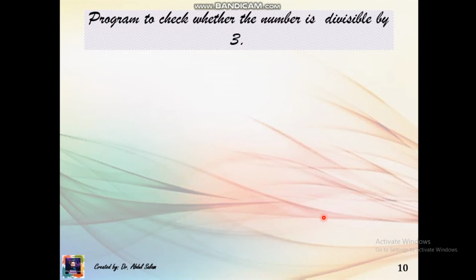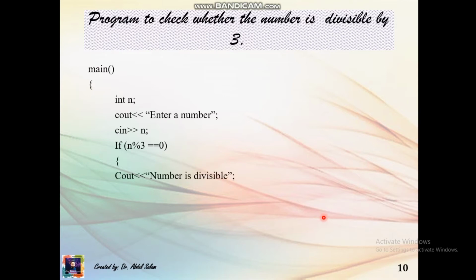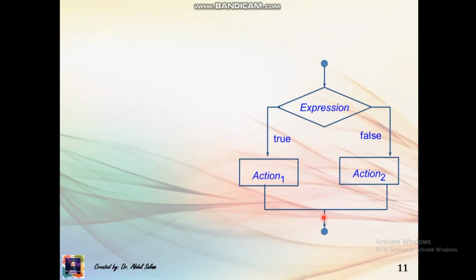Next we have a program to check whether a number is divisible by 3. Main function: int, enter a number, simply enter a number in cin. If the number is divisible by 3, cout number is divisible, and if not, cout number is not divisible.